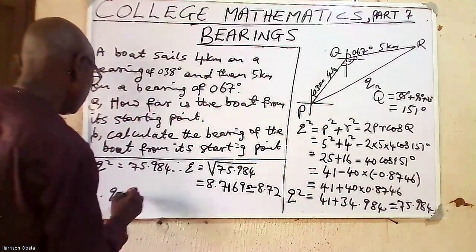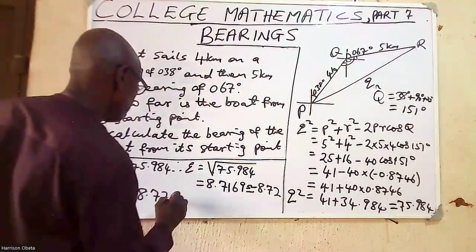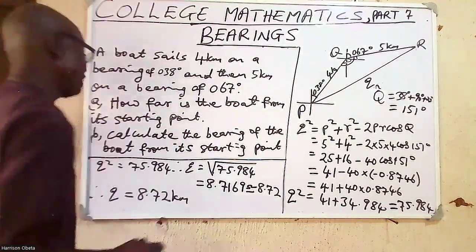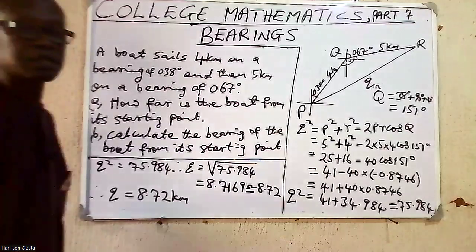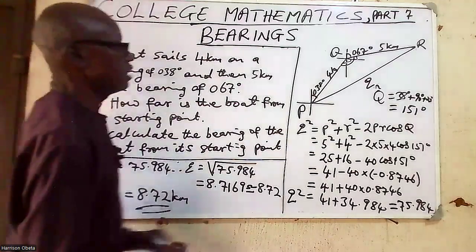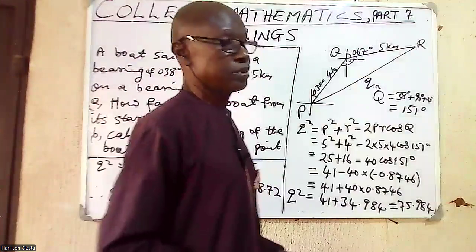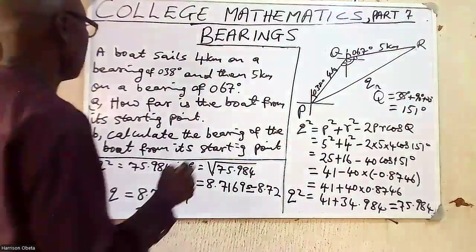Therefore, q is equal to 8.72 kilometers, to two decimal places. So we have calculated the distance from P to R. The first question is done.